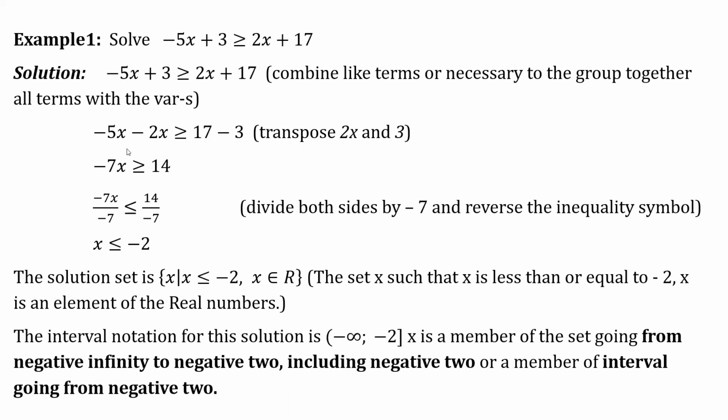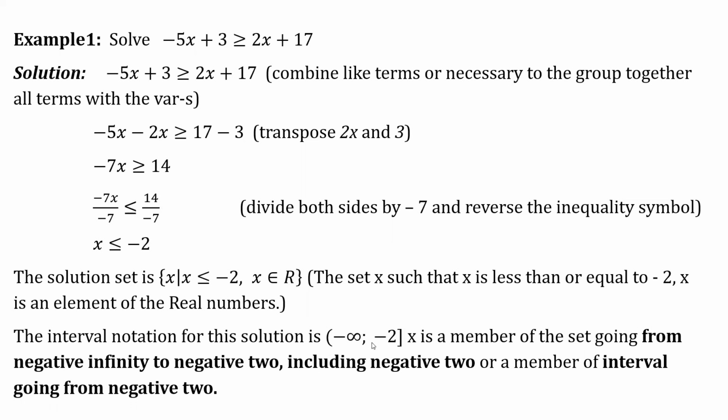So after combining, we take this inequality and divide both sides by 7, reversing the inequality symbol, and we get this inequality. The solution set is x such that x is less than or equal to -2, x an element of the real numbers.